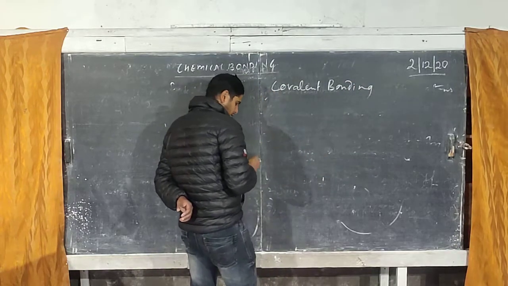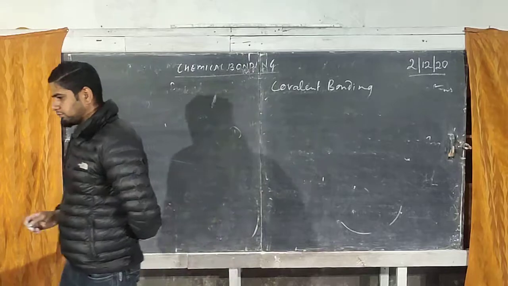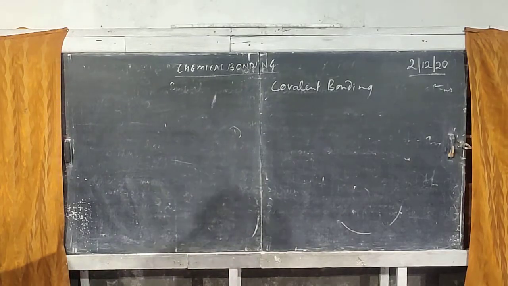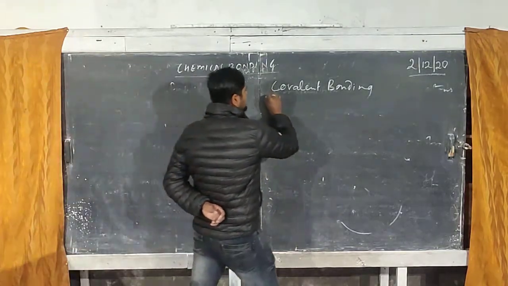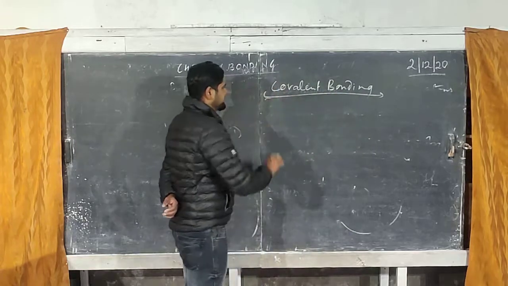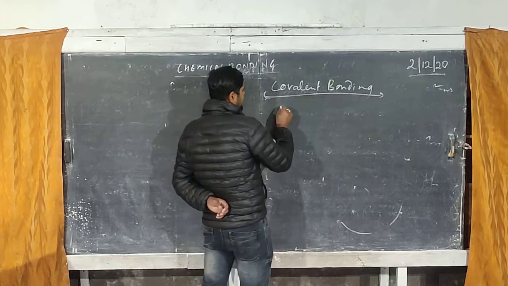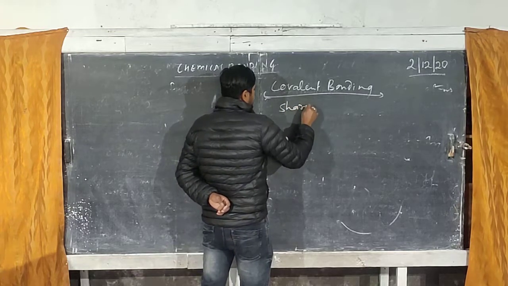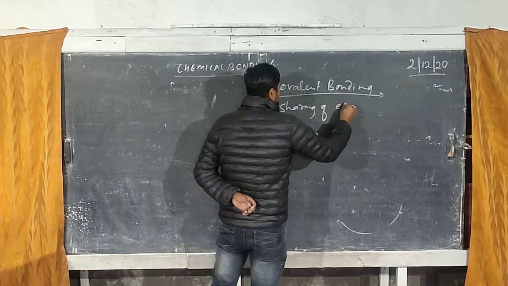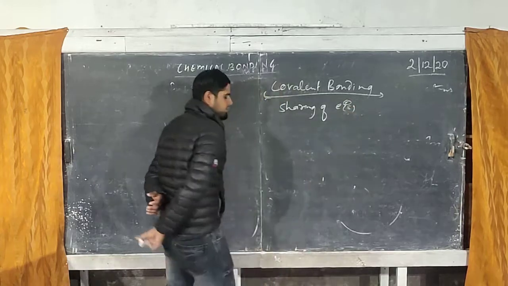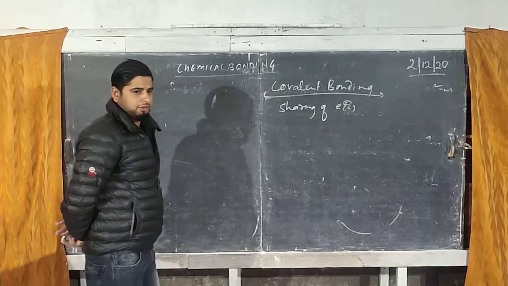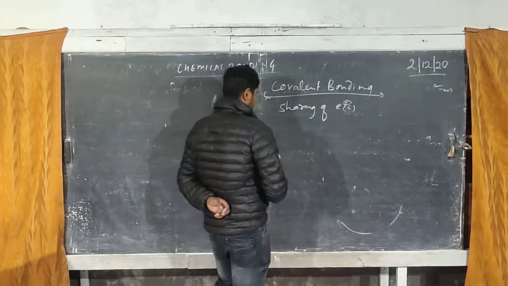Okay, this bonding process is actually an electron sharing process. The bond is formed by sharing of electron or electrons. Sharing of electrons.